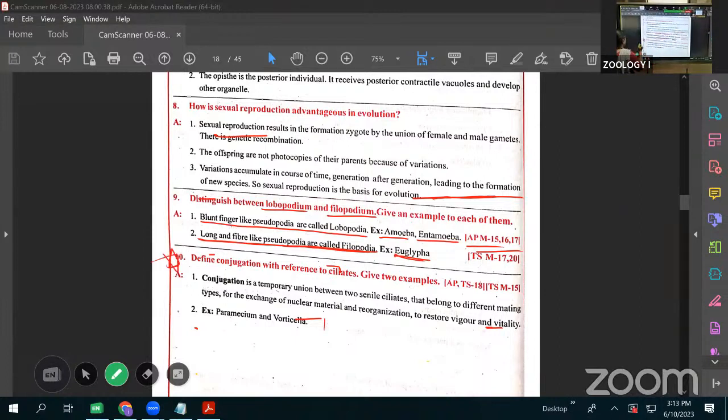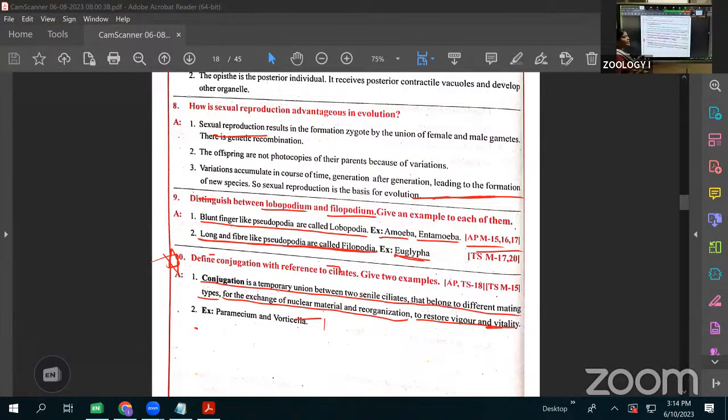Next, the last and very important one: define conjugation in reference to ciliates, and give two examples. Conjugation is the temporary union of two senile ciliates belonging to different mating types, for the exchange of nuclear material and reorganization to restore vigor and vitality.